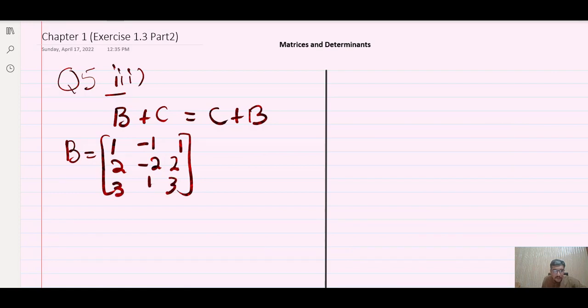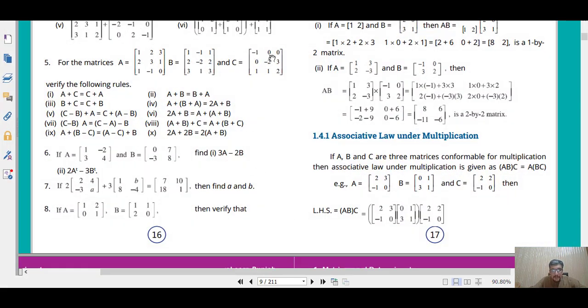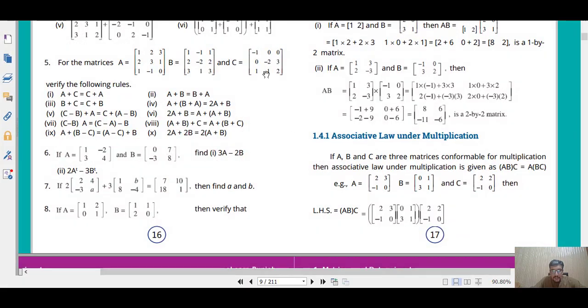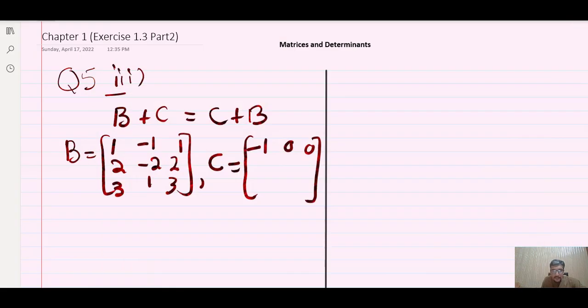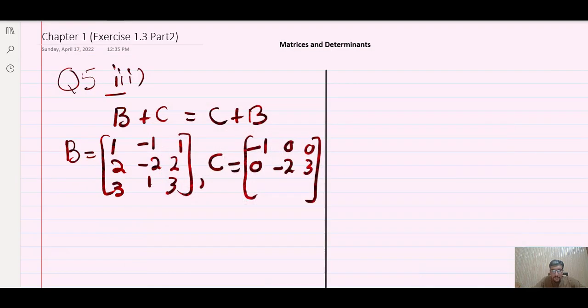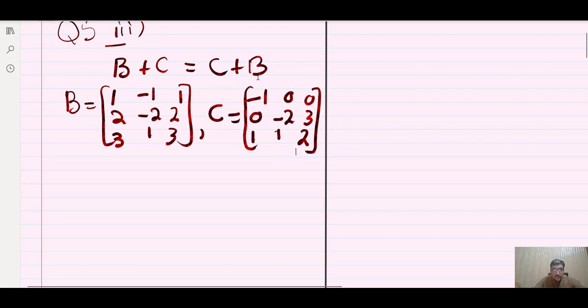In the same way the C matrix is also given, and the entries of this matrix C are: first row minus 1 0 0, second row 0 minus 2 3, and in the third row the entries are 1 1 2. We have to verify this, B plus C is equal to C plus B.